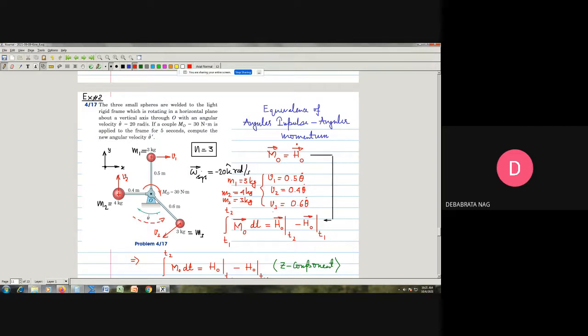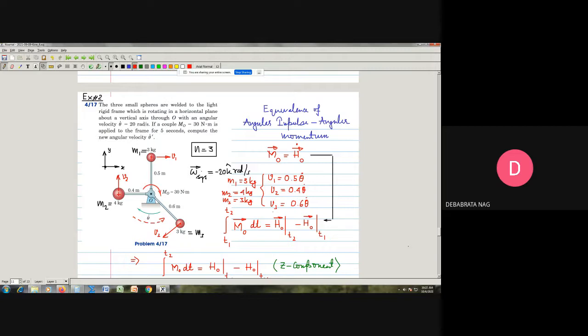So we can take any one of them as plus, then the other one will be considered as minus. That means if we decide to take the sense of the angular velocity in the counterclockwise direction as positive, then the corresponding sense of the moment, if it is acting in the clockwise direction, has to be taken in the negative sense.